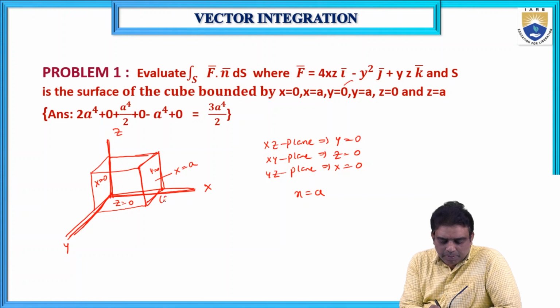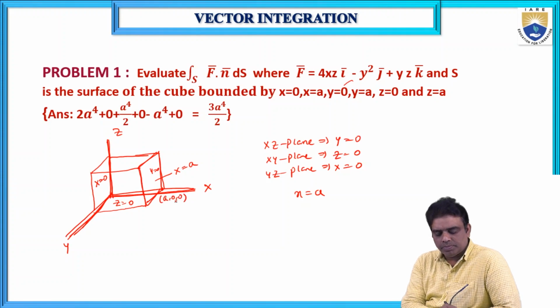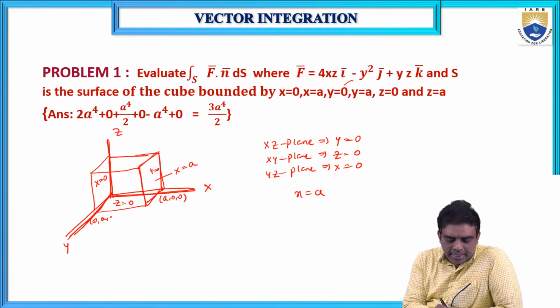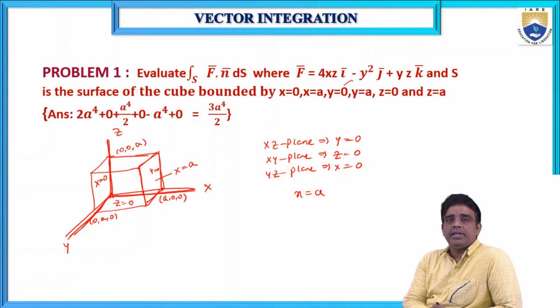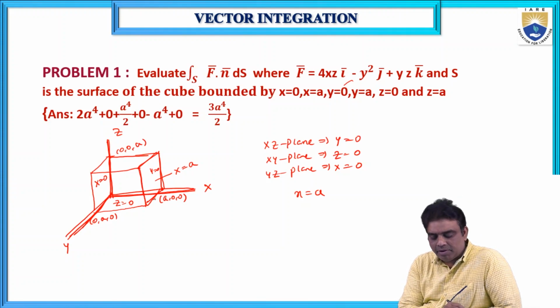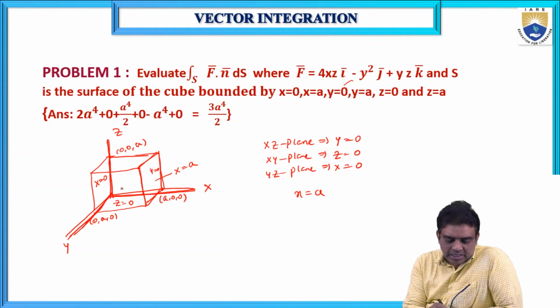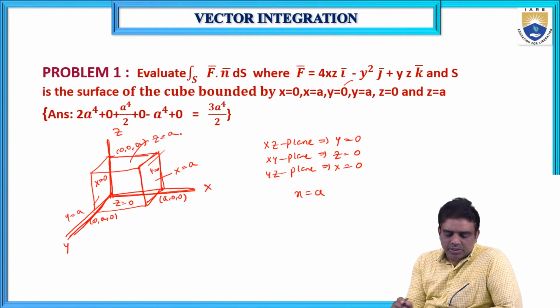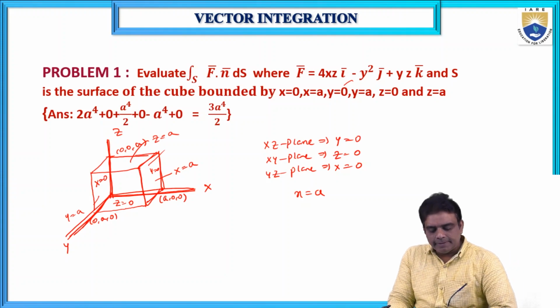That means this is the point a, 0, 0, this is 0, a, 0, and this point is 0, 0, a, because all have length a and it is a cube, so all have the same length. This is the x is equal to a plane, and at the back side is the plane y is equal to 0, and this plane is y is equal to a. Z is equal to 0 is the bottom plane and the upper plane is z is equal to a. So these are the boundaries already given.